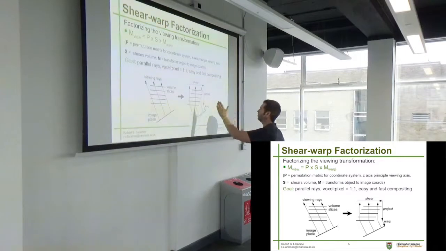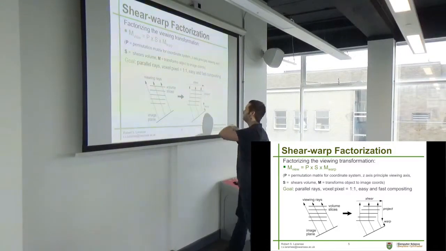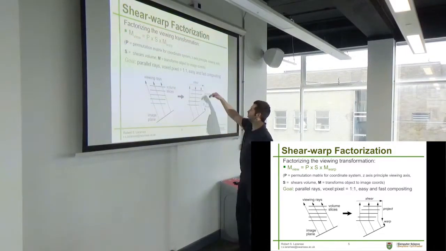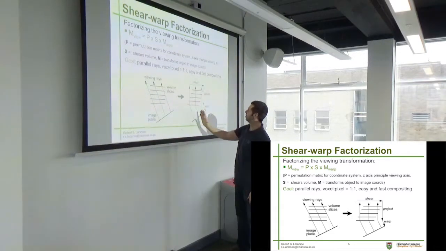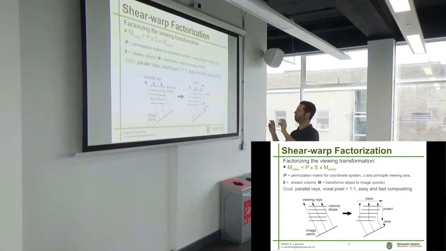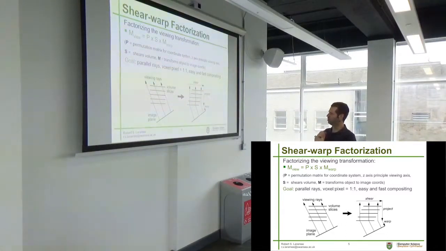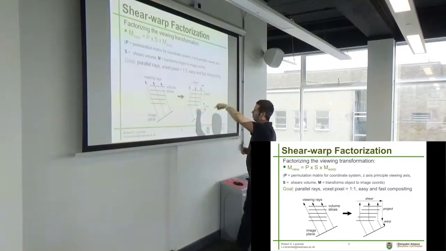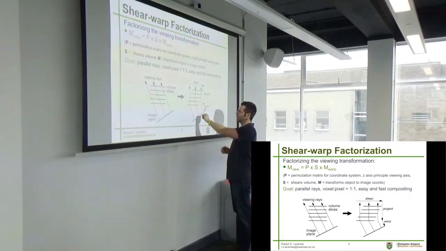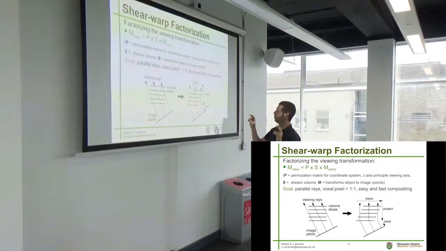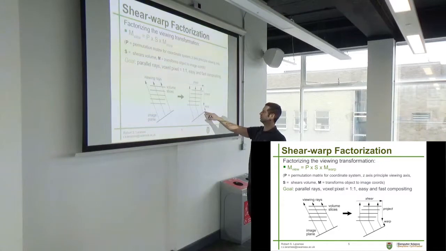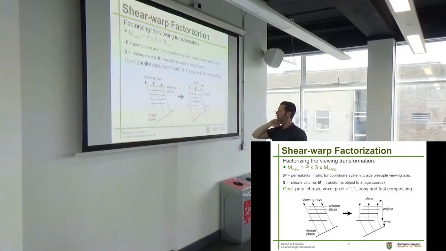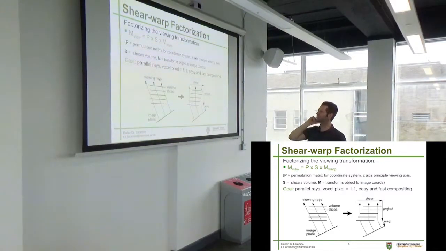So there's a shear step, then there's a projection step, and then there's a warp step, which is like an unshear step. There are 3 main steps. We shear the volume, do our compositing, project the intermediate results, and then unshear or warp the resulting image in image space.